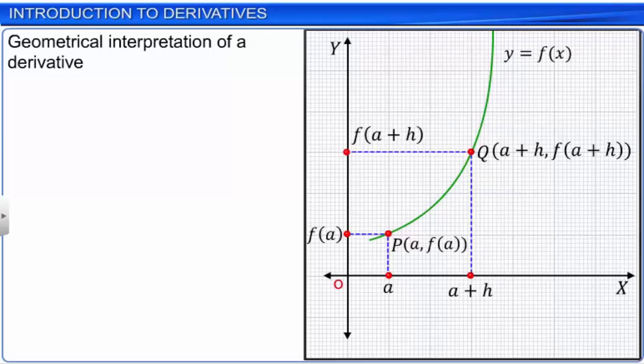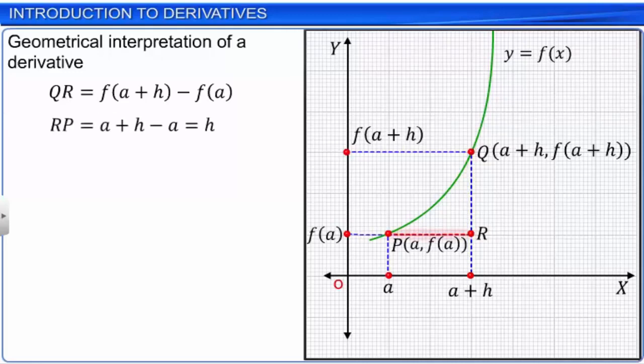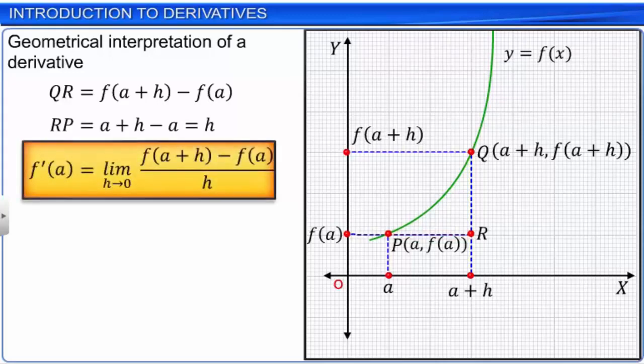If we consider points P and Q, the increment along the y-axis is f of a plus h minus f of a. The increment along the x-axis is a plus h minus a. Now, according to the definition of the derivative at a point, we have the expression as shown.